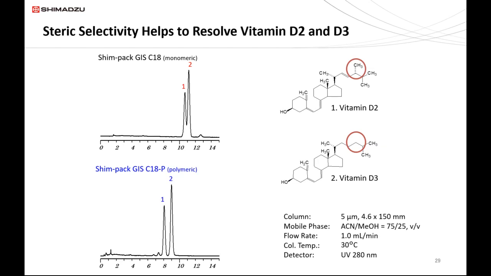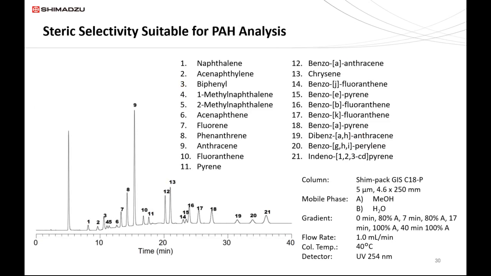However, with the help of steric selectivity in the polymeric bonded Shim-pack GIS C18P column, baseline resolution can be achieved. The steric selectivity properties of Shim-pack GIS C18P column is useful for analysis of polycyclic aromatic hydrocarbon, or PAH, where the separation of planar and non-planar molecules is needed.